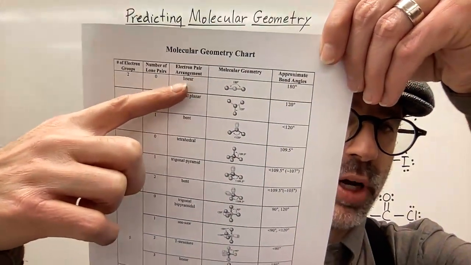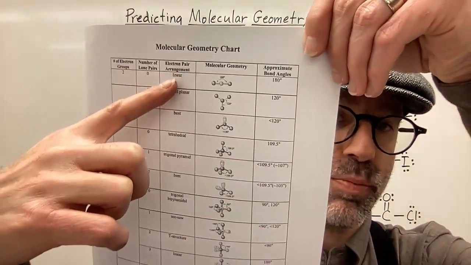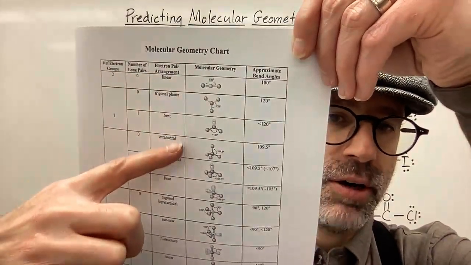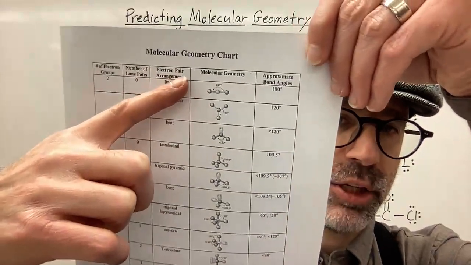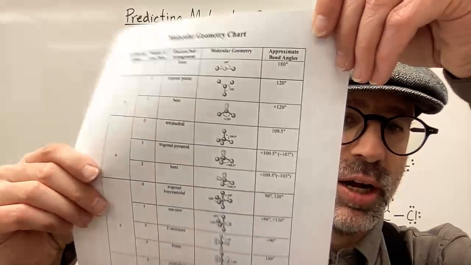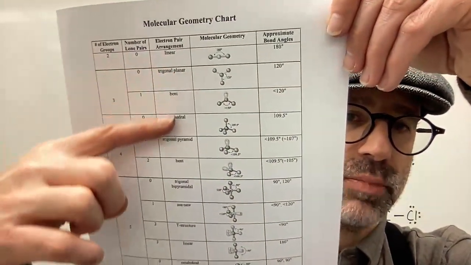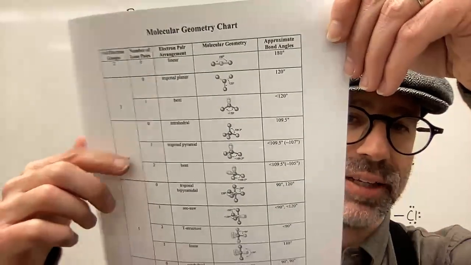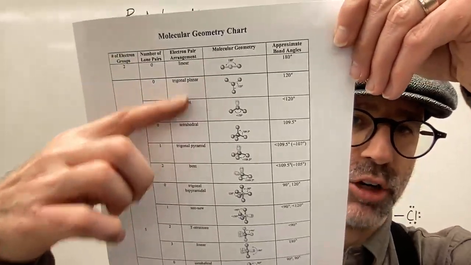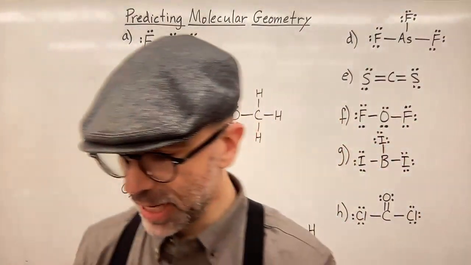In the next column, it gives you the electron pair arrangement. This would be the electron group geometry. And then here would be the molecular geometry shown here. They don't give you the names here, but some of them will. So you'll need something that gives you the electron group geometry and the molecular geometry as well as the angles.